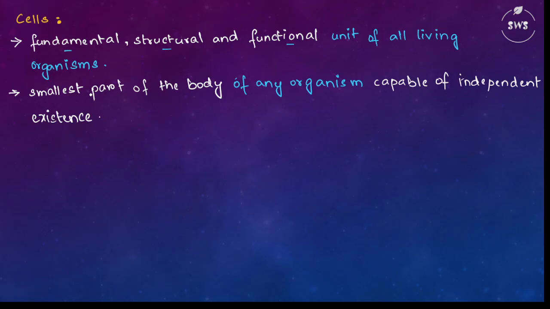But the important point over here is that the cells are capable of independent existence. What does this phrase mean? It means that the cells are capable of surviving alone without the help of any other thing. For example, if I say I am capable of independent existence, it means I don't need the help of anyone for my survival.